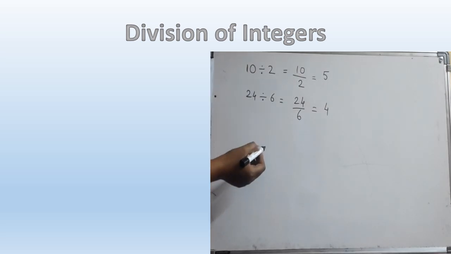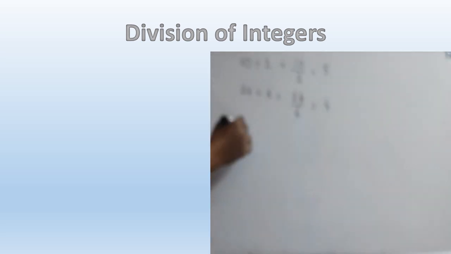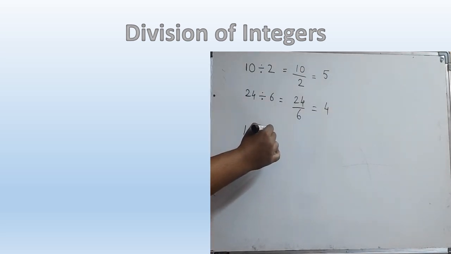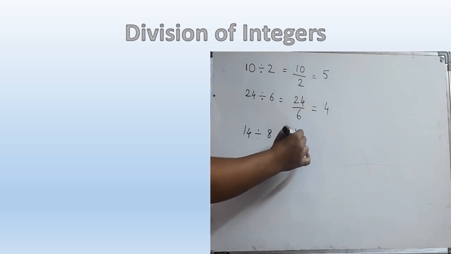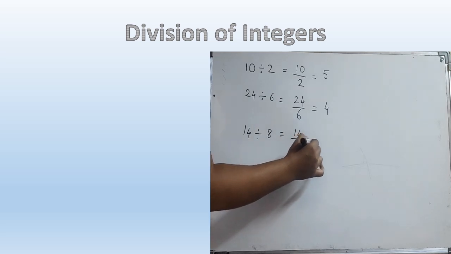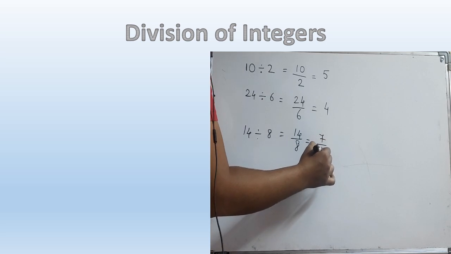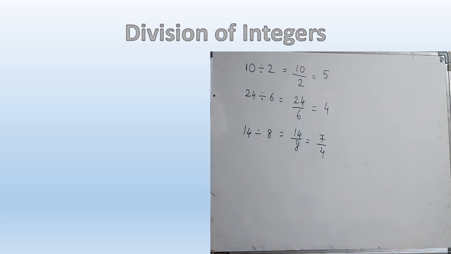We'll say 14 divided by, say, 8. 14 divided by 8. So what answer will you get? 14 upon 8. The answer you will get is 7 upon 4. Understood? 7 upon 4. So this is what you have studied in your previous standard.